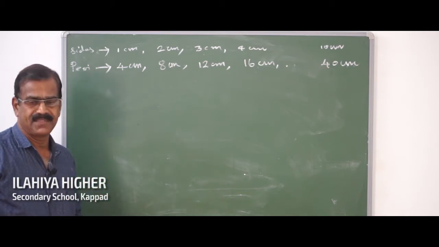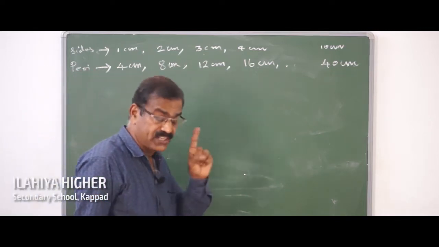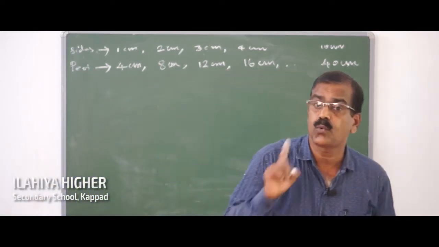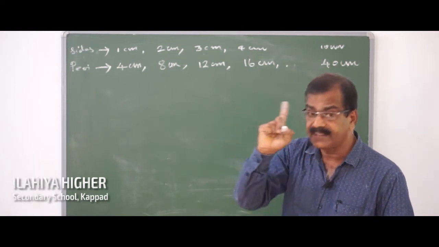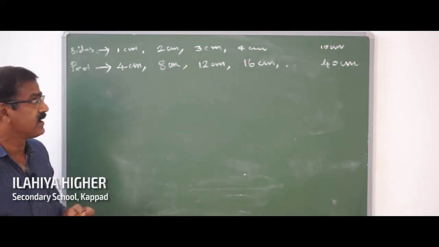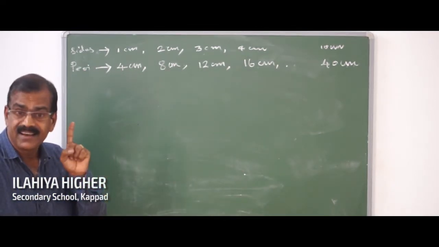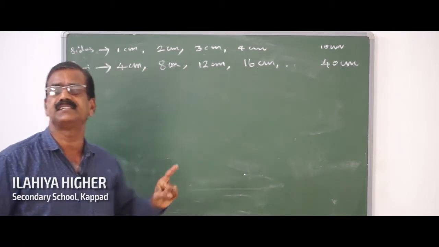From this we can easily say the perimeter of the 100th square is 4 into 100, that is 400 centimeters.